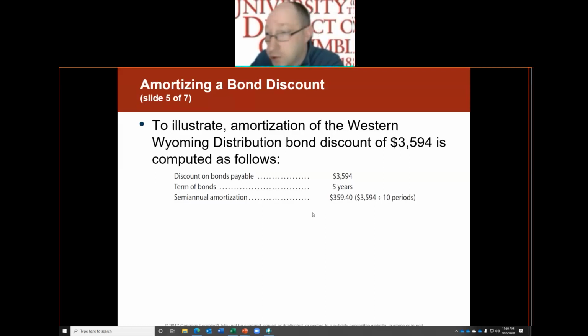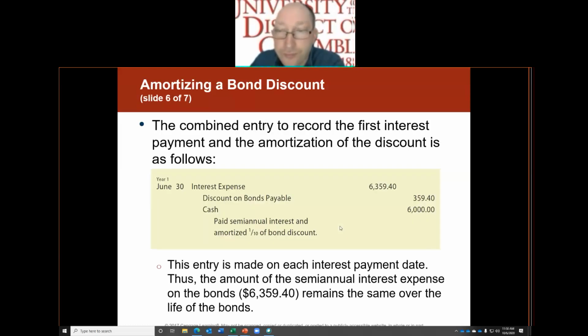Good so far? Okay. All right. The combined entry to record this payment looks like this. We debit our interest expense, $6,359.40. We credit the discount on bonds payable, $359.40. And we credit cash, because obviously we have to pay all that, $6,000.